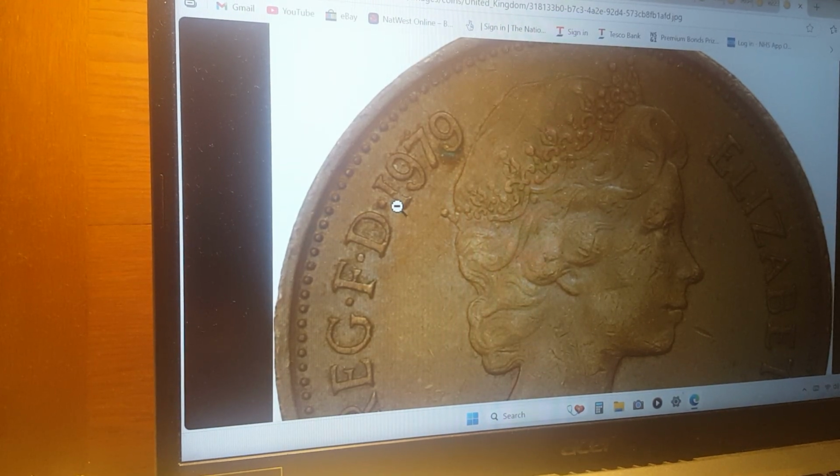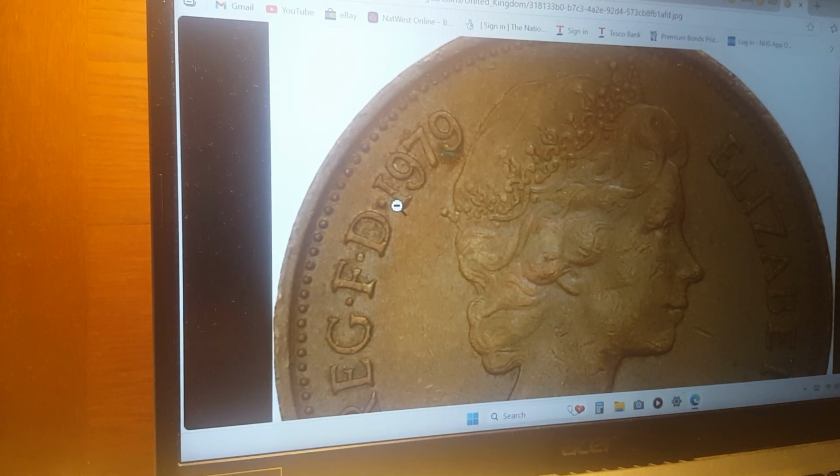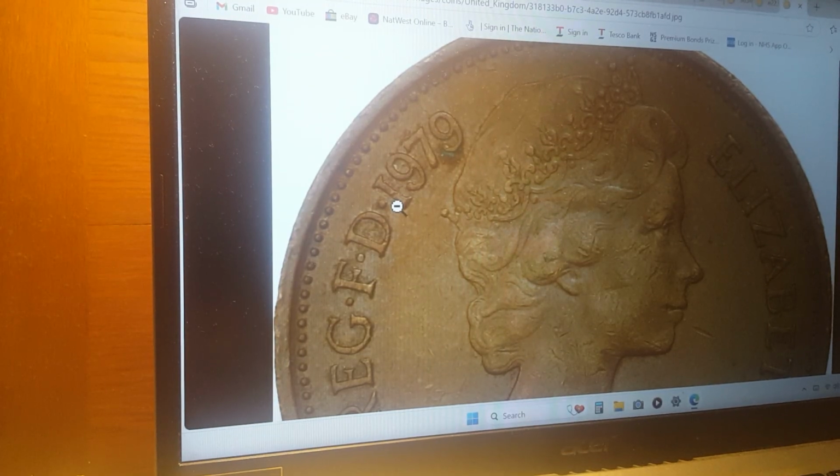And I can't see the reasoning for the first one, the 1979, this being closed, and then some 20 years later, they close them again. Why?